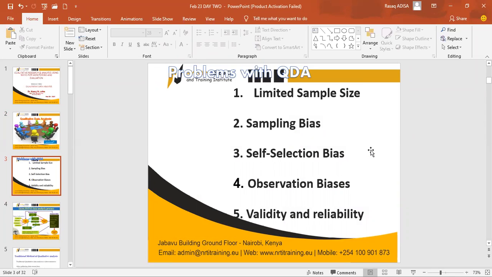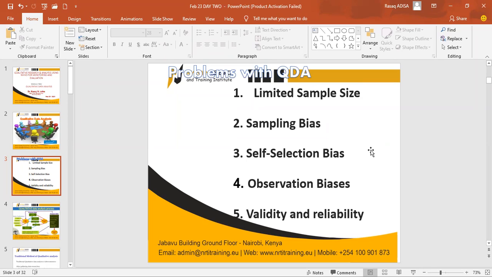But just as we discussed yesterday, we now have processes, steps and strategies that can be used to ensure these challenges do not affect our analysis. Briefly, the challenge usually identified is limited sample size. The sample is small, not as large as quantitative, but a small sample has limits also.